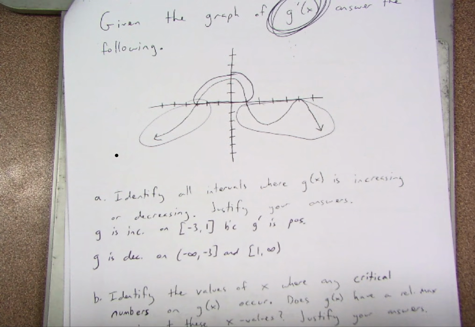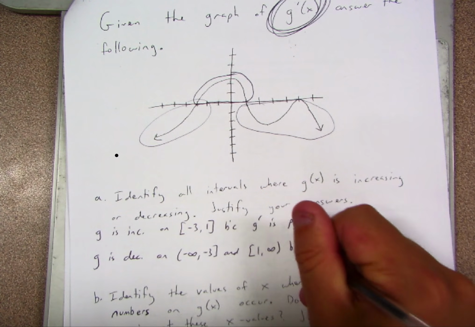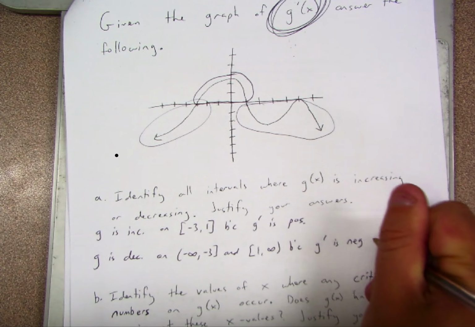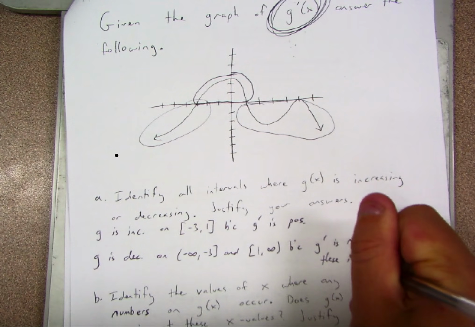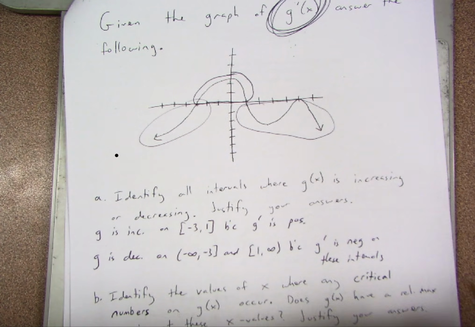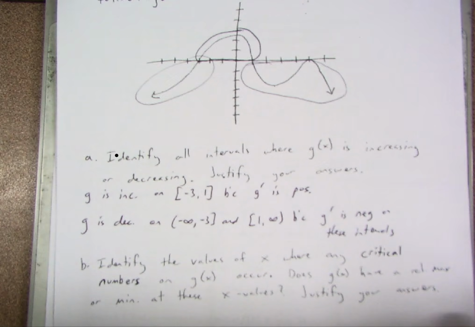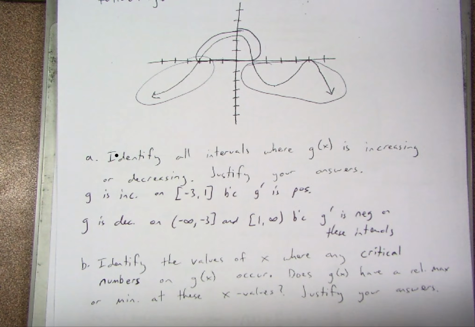That's where G is decreasing, because G prime is negative on these intervals. So it gets really tricky because this is the graph of G prime, and we're going to have to get really good at reading a derivative graph.